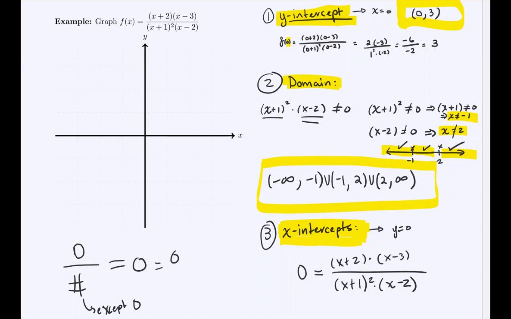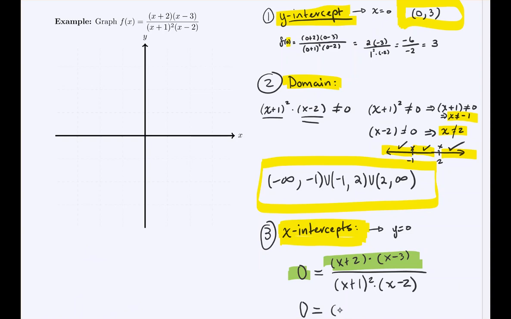So for instance, 0 over 2 is 0, 0 over negative 100 is 0. I think we're getting the pattern. When you're asking yourself when a rational function equals 0, that really simplifies to asking when is the numerator of the function equal to 0. So this simplifies to solving when this is equal to 0.